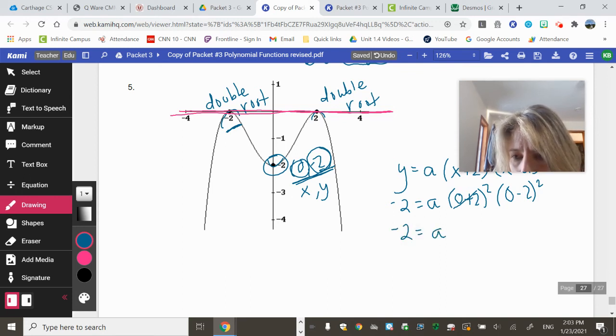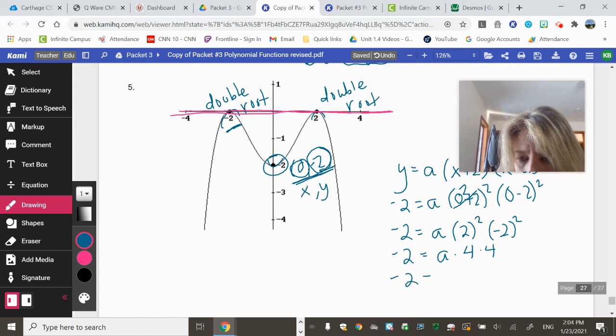We have 2 squared. And then over here, we're going to have -2 squared. Okay, 2 squared is 4. -2 squared is also 4. And then we have to multiply 4 times 4, so we get -2 equals 16a, and then divide by 16. And in this case, our a reduces to -1/8.